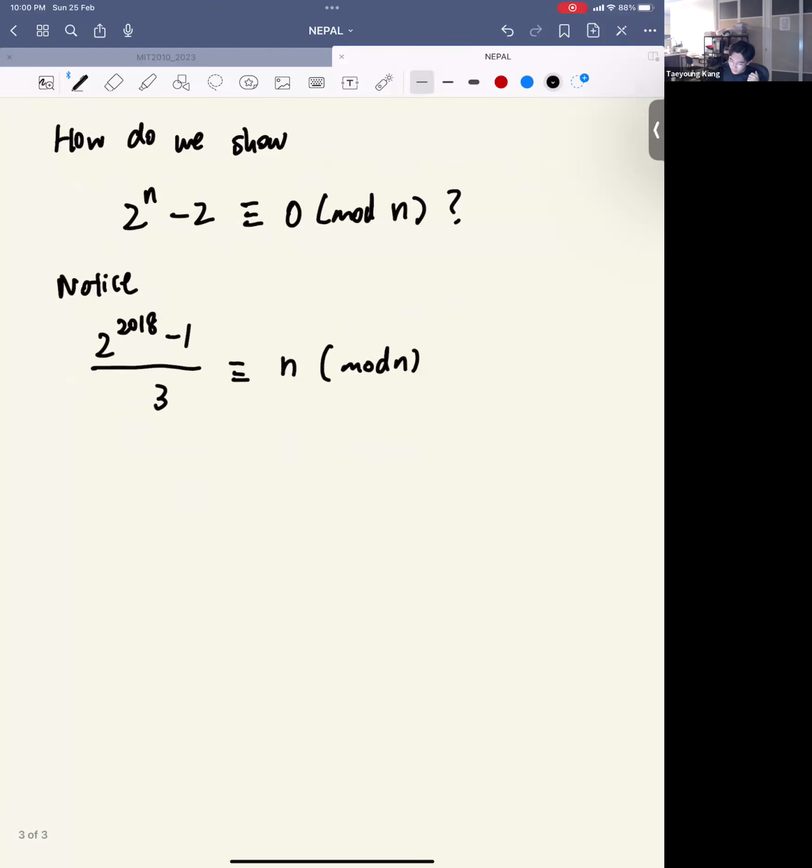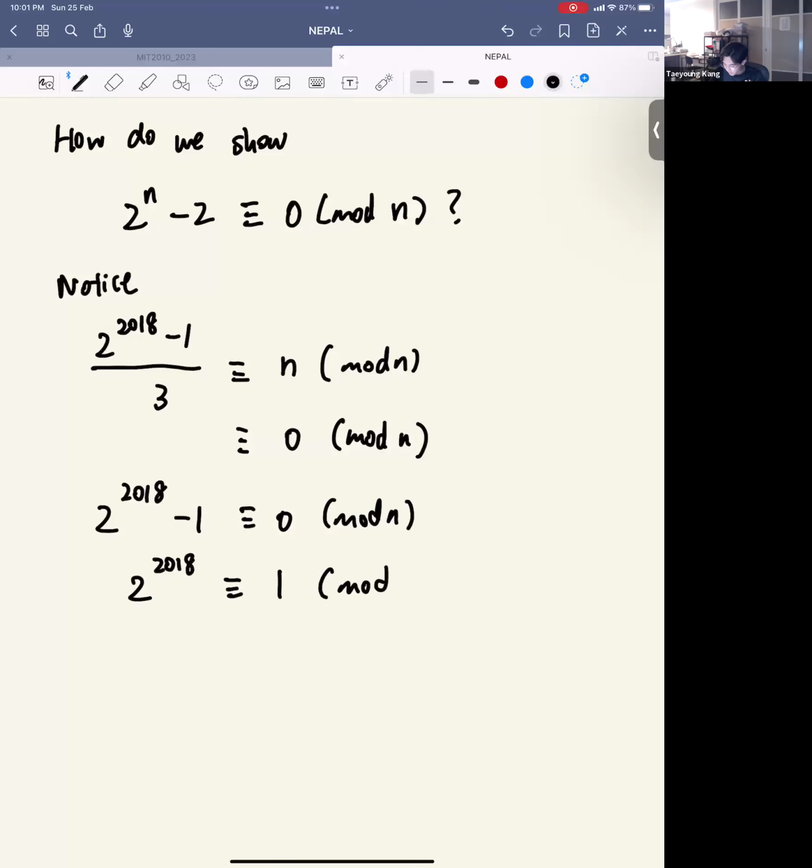And then this is congruent to 0 mod n, right? So what can we do? We multiply both sides by 3, and this gives us 2 to the power of 2018 minus 1 is congruent to 0 mod n. Do you guys agree? So now we move the 1 to the other side. So we have 2 to the power of 2018 is congruent to 1 mod n. You guys with me until here, right? So we have this fact.